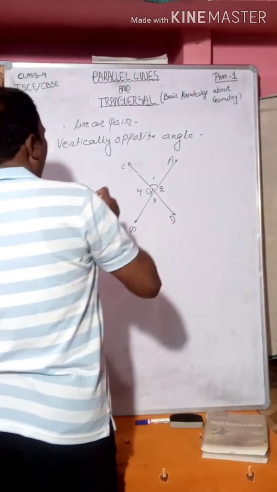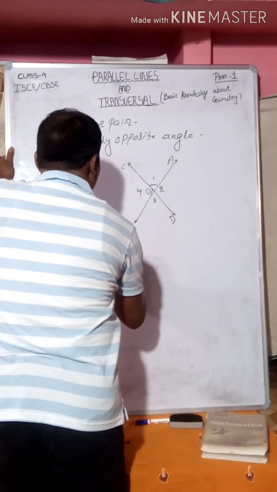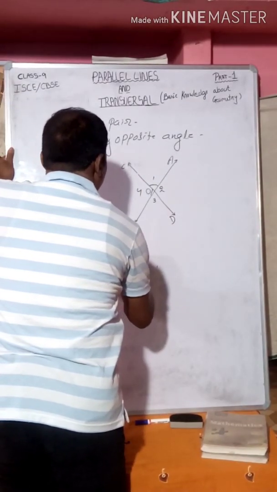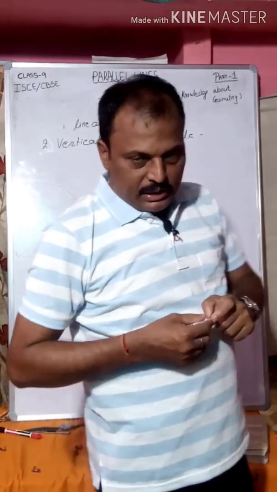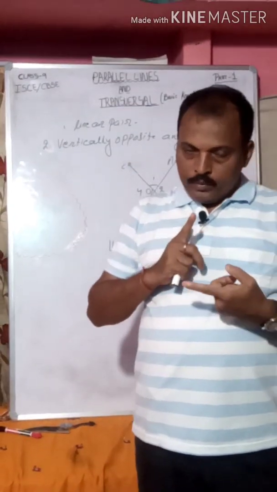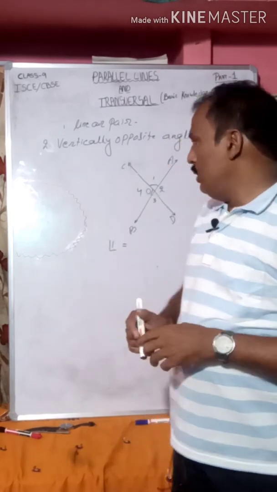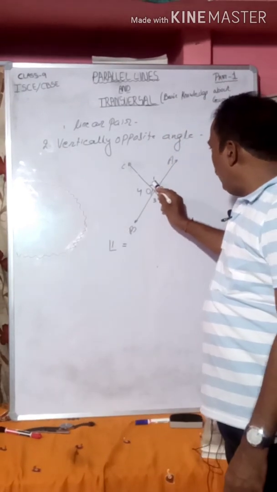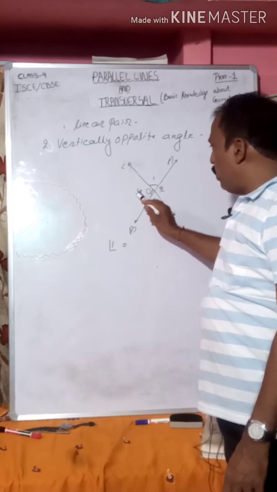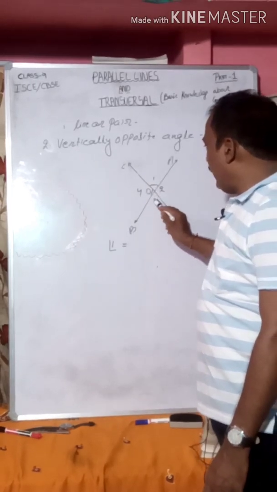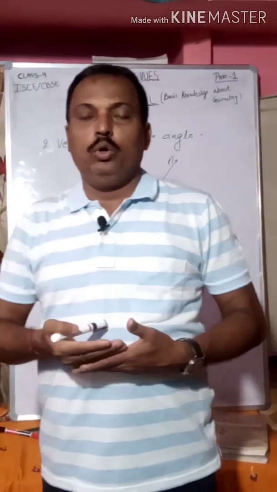But what is a vertically opposite angle? Which angle is not adjacent to angle 1? That is the opposite angle. 2 is adjacent to 1, angle 4 is adjacent to 1, angle 3 is not adjacent to 1.